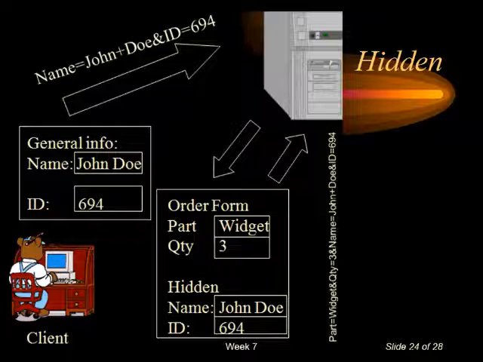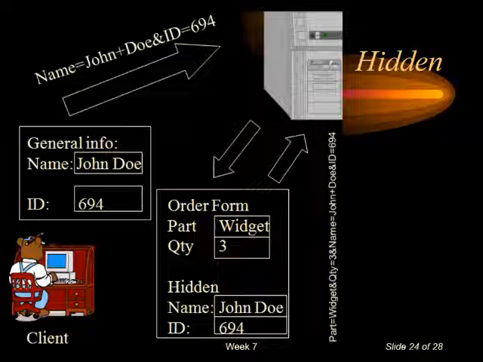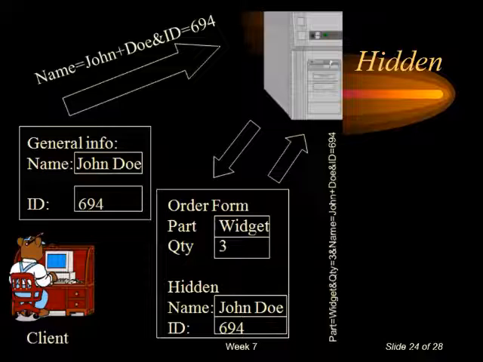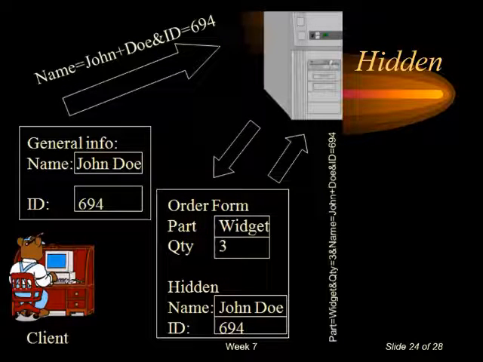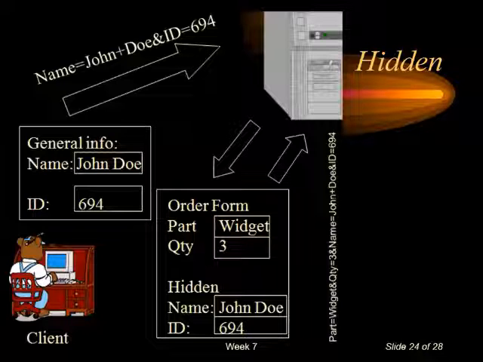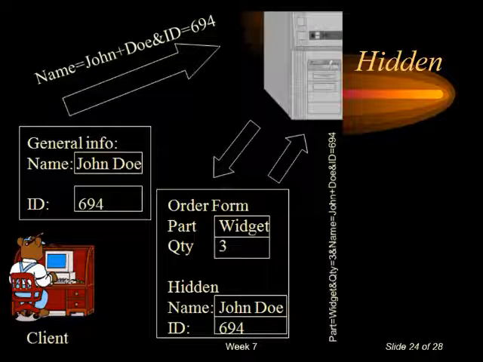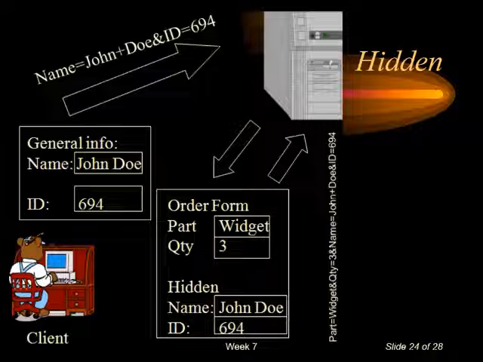Unbeknownst to John, his username and password are sent back to the computer script so that the script receives that the part is widget, the quantity is 3, and then the name is John Doe, and the password is 694. None of this would be possible without input type equals hidden, because without it, every time John wanted to buy something, he would need to put in his username and password and the thing he wanted to buy and the number of items that he wanted to buy.